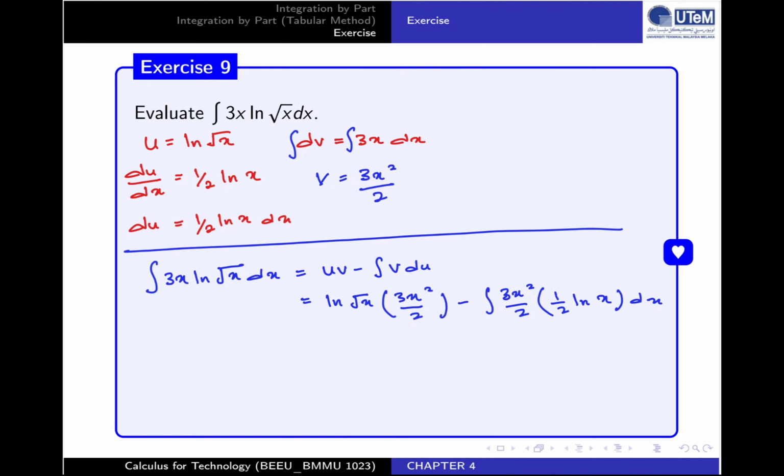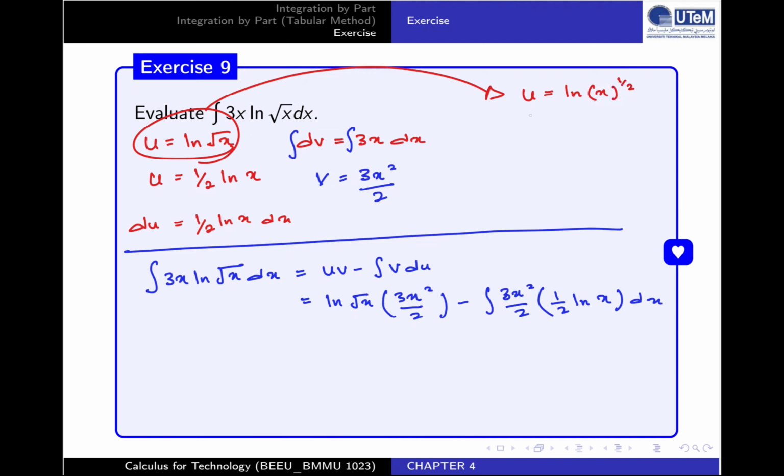Sorry, this part is not correct. We simplify u, because here we have u equal to ln x to the power of 1 over 2.